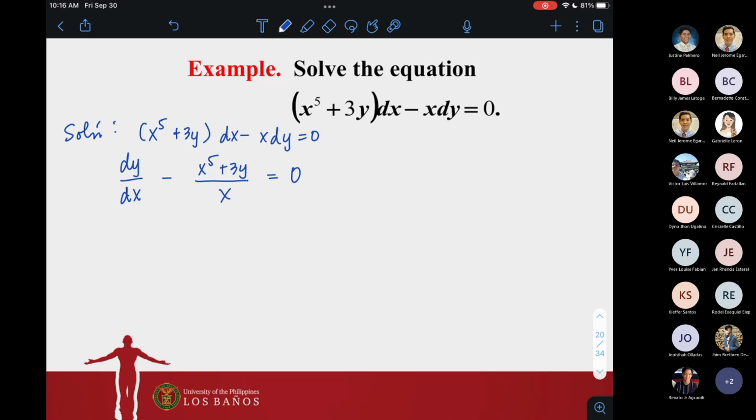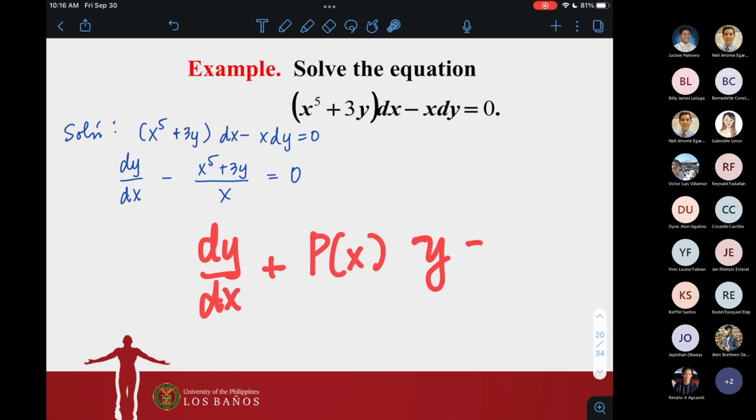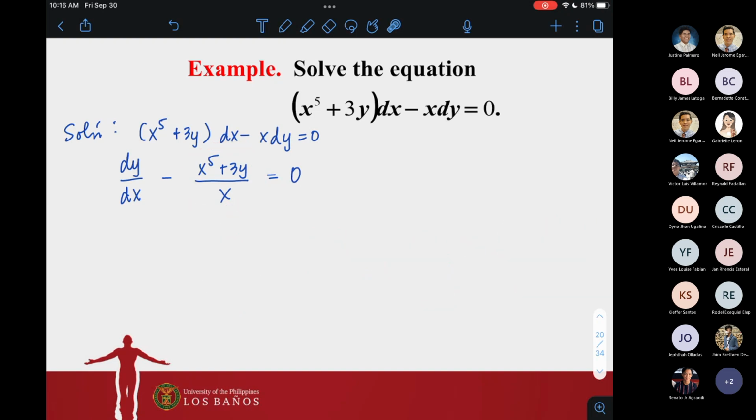Okay? And then, gusto kong matira, remember the standard form is dy over dx plus some function of x times y equals a function of x alone. So kailangan itira ko dito sa second term yung may mamumultiply ng y. Okay? Tapos yung puro x lamang ililipat ko na dun sa right-hand side.